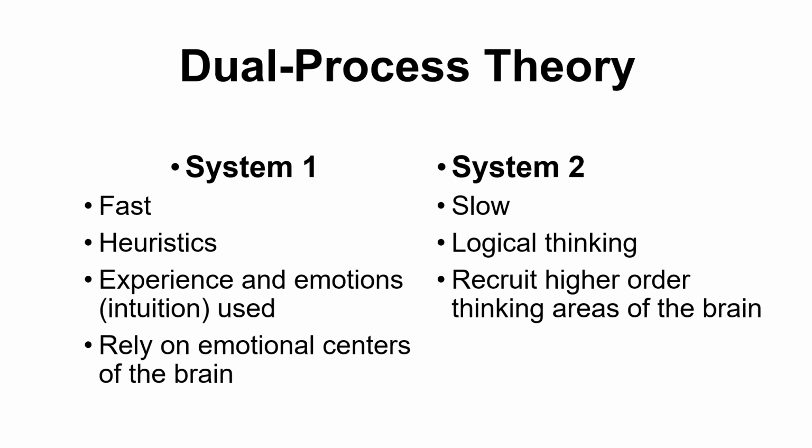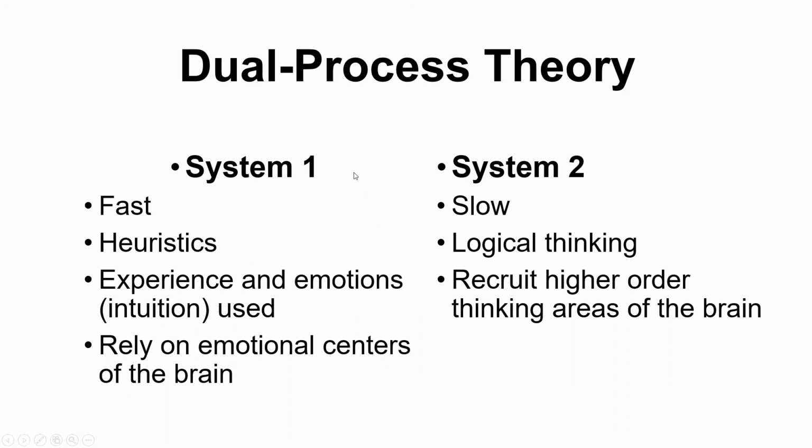Now, we're not saying that either system is better. There are pros and cons to each of them. So fast versus slow, inaccurate versus accurate. It all depends on what we need in that instance. So we tend to use different systems in different ways at different times.